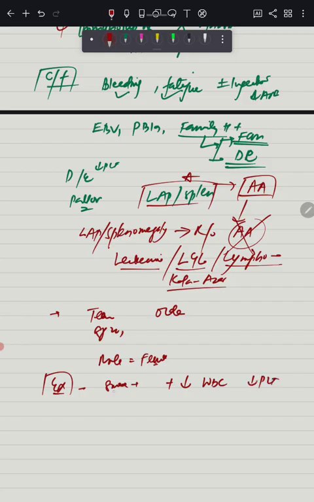So why this macrocytic anemia? It's due to stress erythropoiesis and not due to vitamin B12 and folate deficiency. And we know that it is a pancytopenia with hypocellularity, so the reticulocyte count will be low or inappropriately normal despite having anemia.